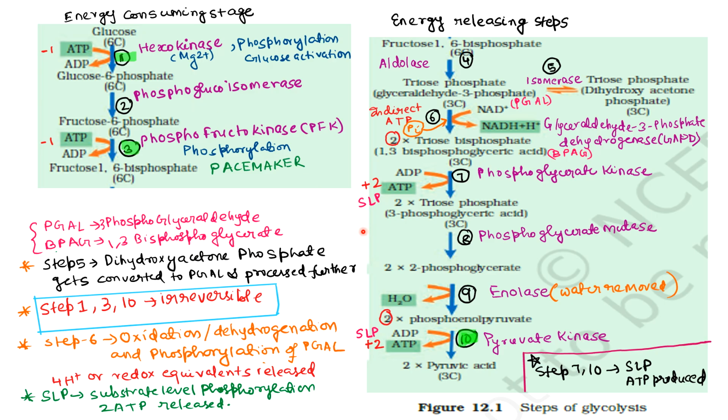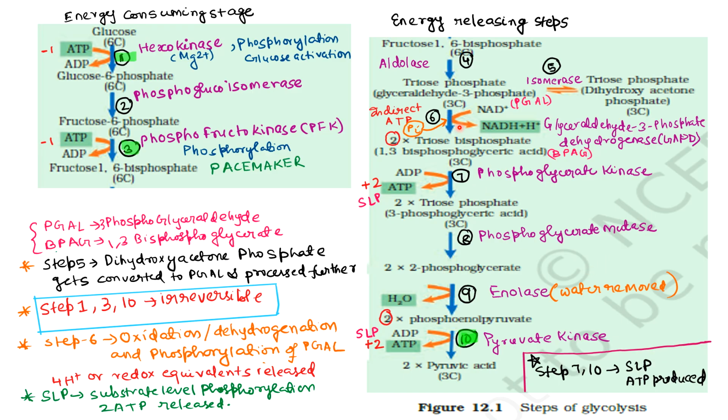So that gives 2 net ATPs which are produced by substrate level phosphorylation in glycolysis. Is that clear? So see here, step number 1, 3 and 10 are the important irreversible steps of glycolysis. Okay. So that's all about the steps of glycolysis and the various enzymes in it.